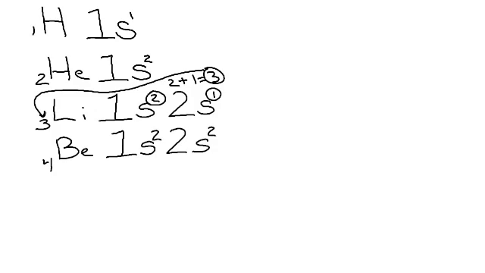Beryllium has 4 electrons. 2 of them are in the first principal energy level, S sublevel, and 2 of them are in the second principal energy level, S sublevel.